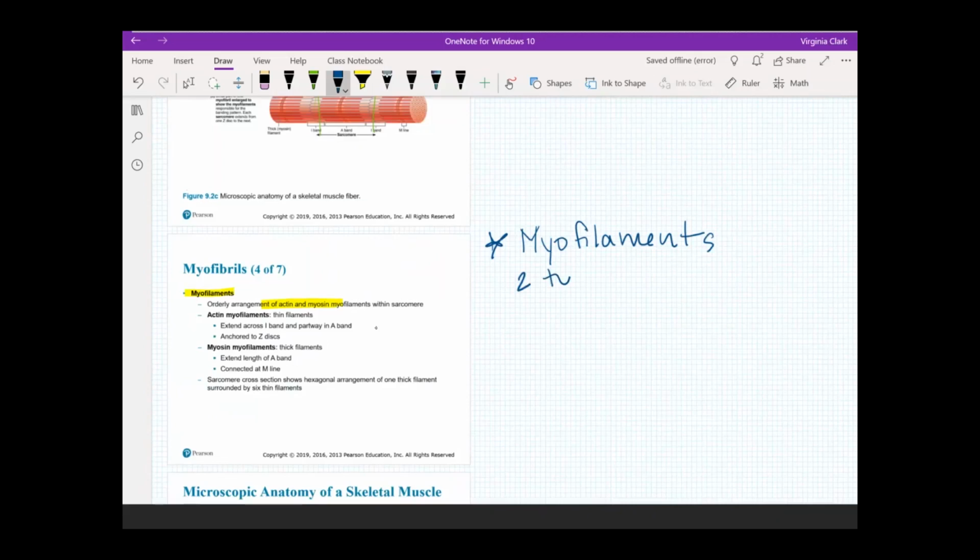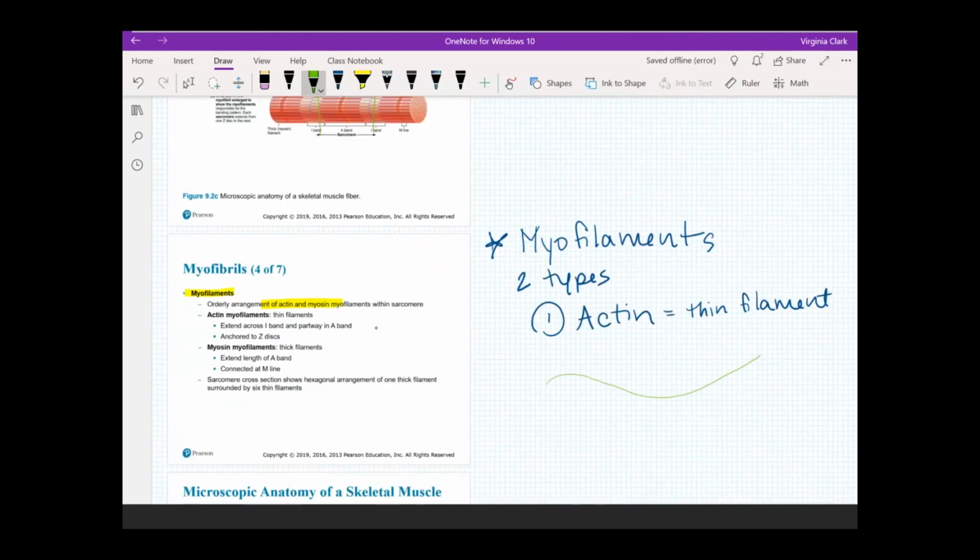The first type is actin. Actin is also considered the thin filament. Whenever you see actin, it is going to be thin. This one looks essentially like a string of beads.